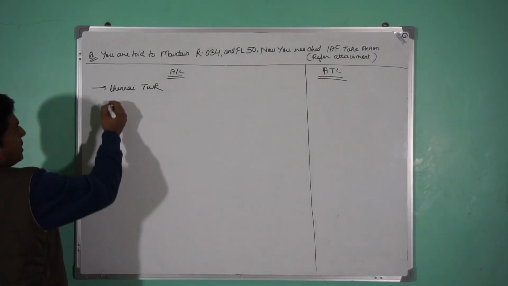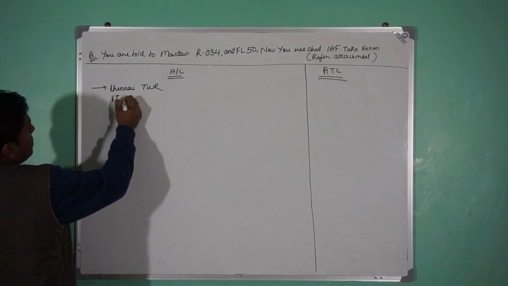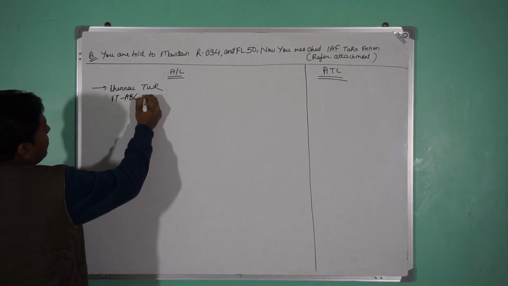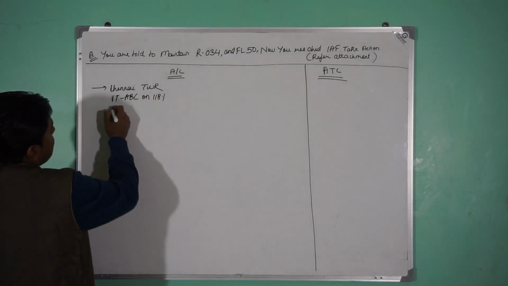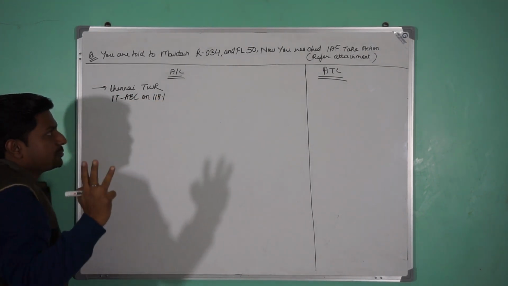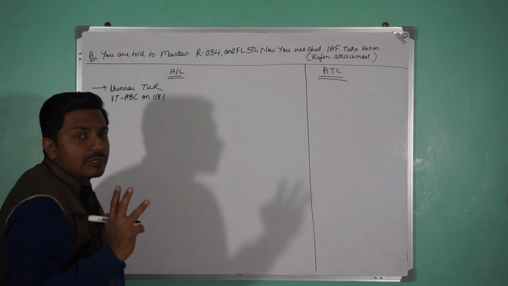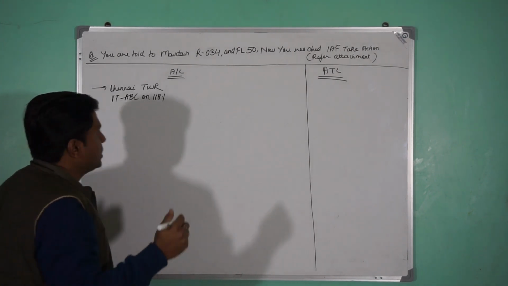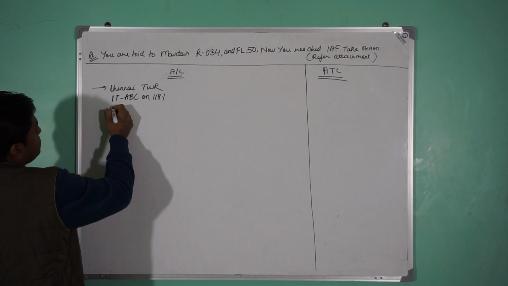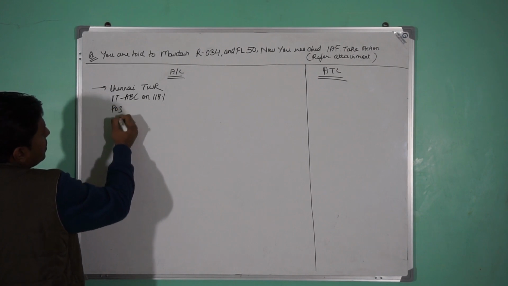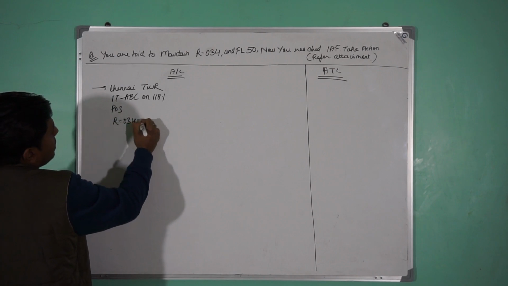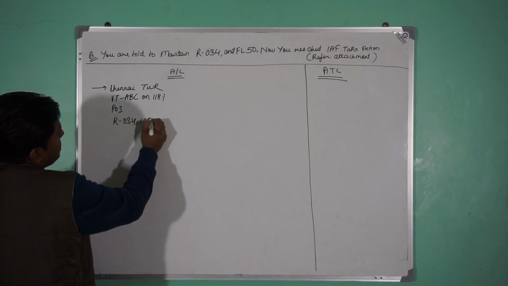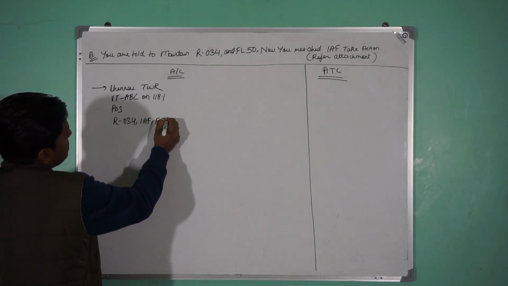So I will contact Chennai tower. Victor Tango Alpha Bravo Charlie on 118.1, which is the frequency of Chennai tower. So the 3 W's: where I am, what is the action, and what for. So it says key position: radial 034, initial approach fix, flight level 50.